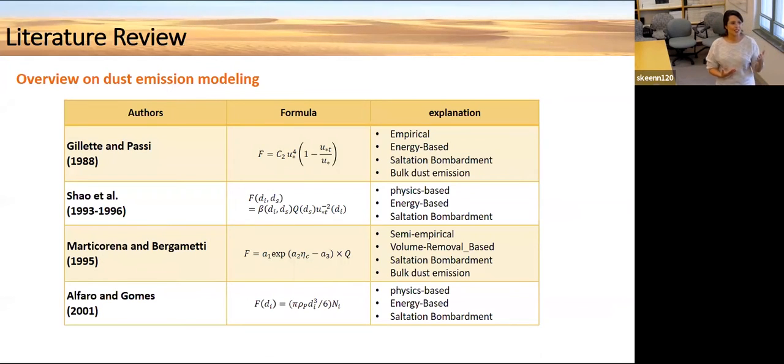So as you can see from this table, some of these schemes are empirical, some of them are physics-based, and also we can categorize them into two types: some of them are energy-based and some of them are volume removal-based. The energy-based dust emission schemes estimate dust emission based on the binding forces of the particles and the kinetic energy of the saltating particles.